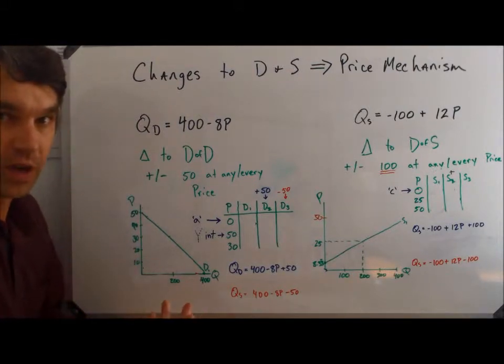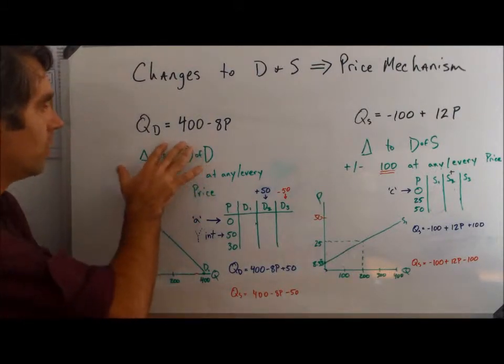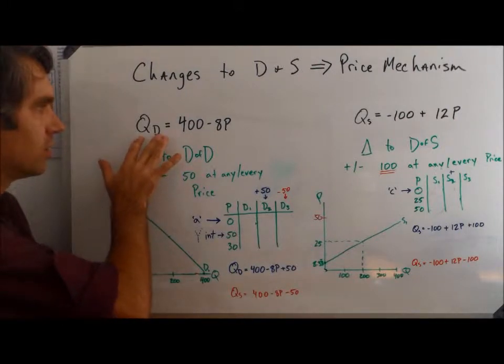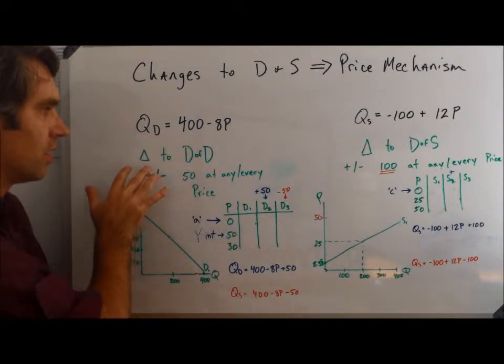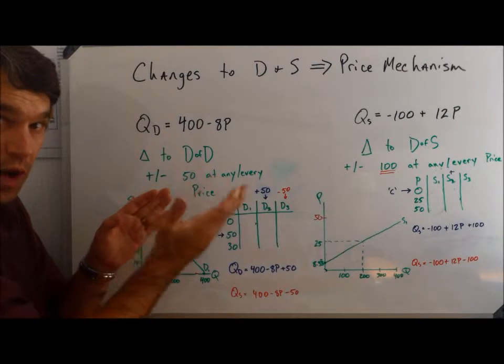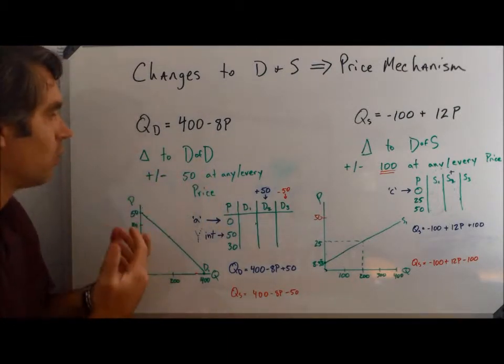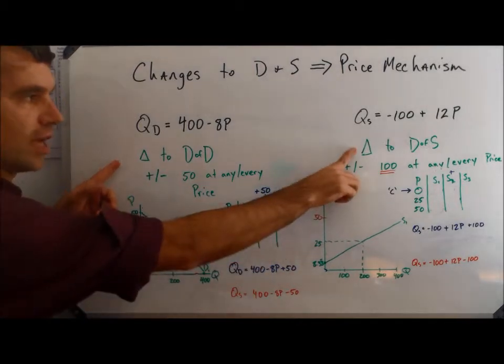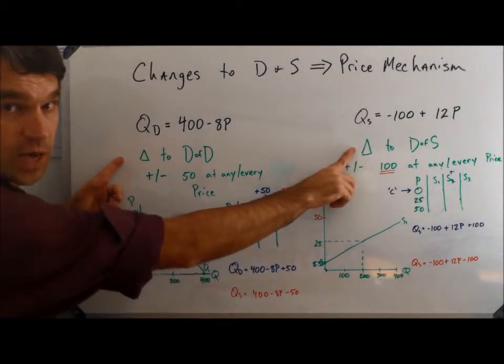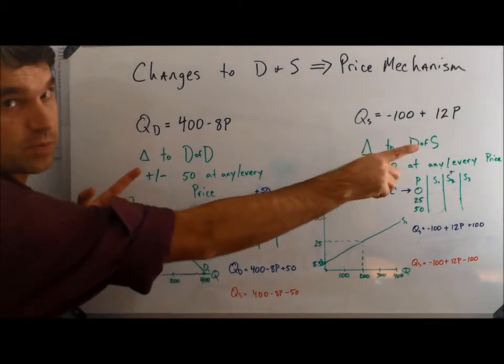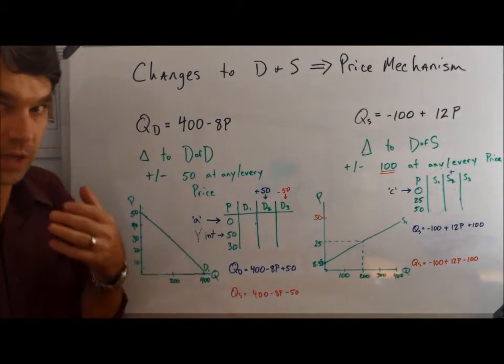Let's remember, first of all, that when we're talking about a change to the demand curve, when a demand curve is going to shift right or left, or when a supply curve is going to shift right or left, what we really mean is that a change to an underlying determinant of demand or supply is going to be the result.